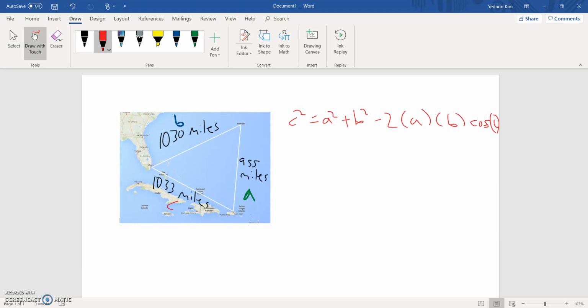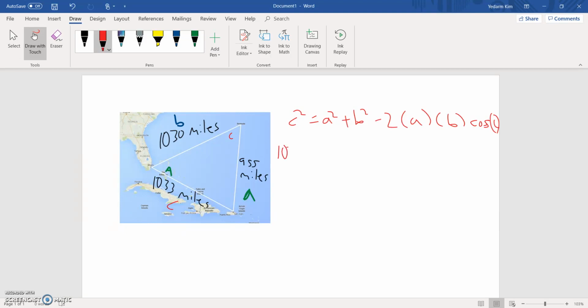The first we'll solve for angle A, which is right here, but to make it easier, we'll actually do C, which is right here.